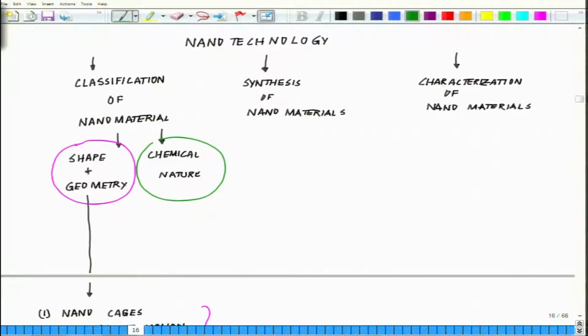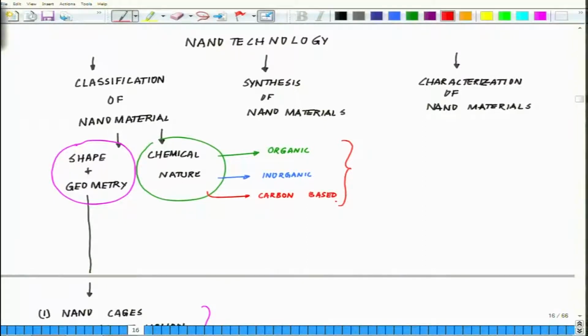Nanomaterials can be classified into three categories: one is organic origin, second is inorganic origin, and third is carbon based. So there are three different classes in terms of their chemical classification.